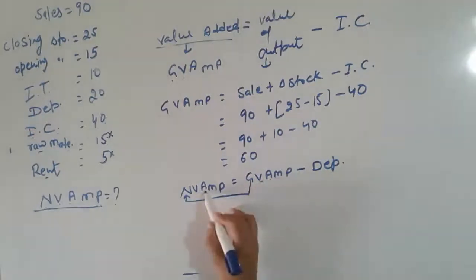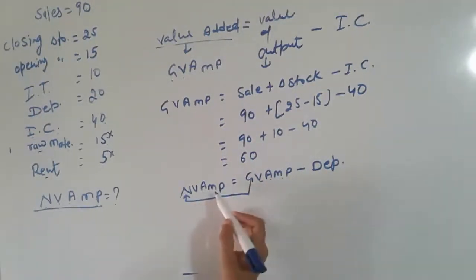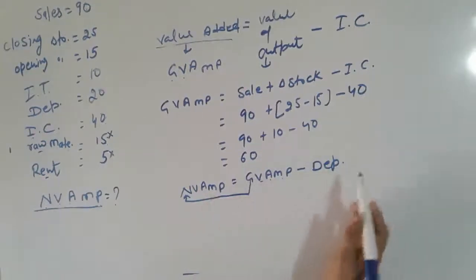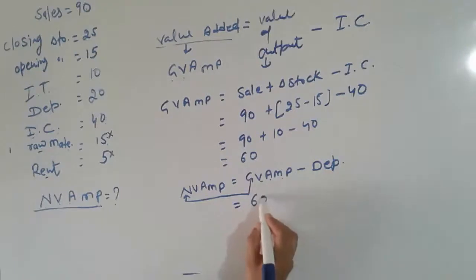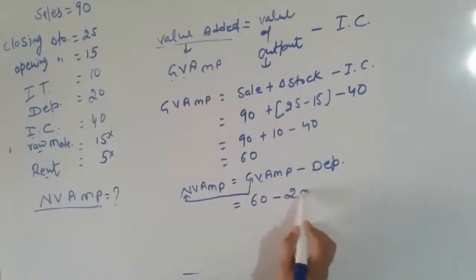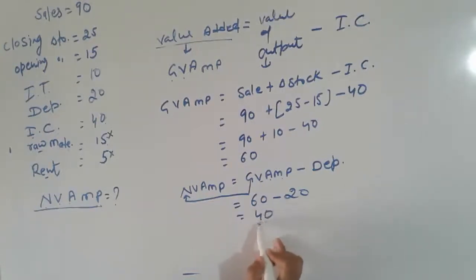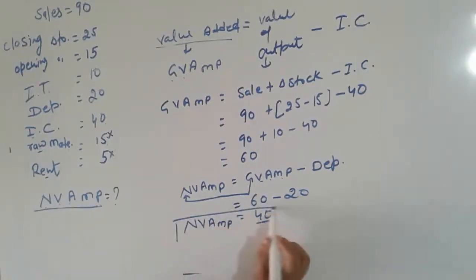Value added to value added, no adjustment needed; market price to market price, no adjustment needed. Gross value added at market price is equal to 60 minus depreciation 20, so it will be 40. 40 will be the answer. In the last you have to write net value added at market price, because for the right answer you will get 1 mark.